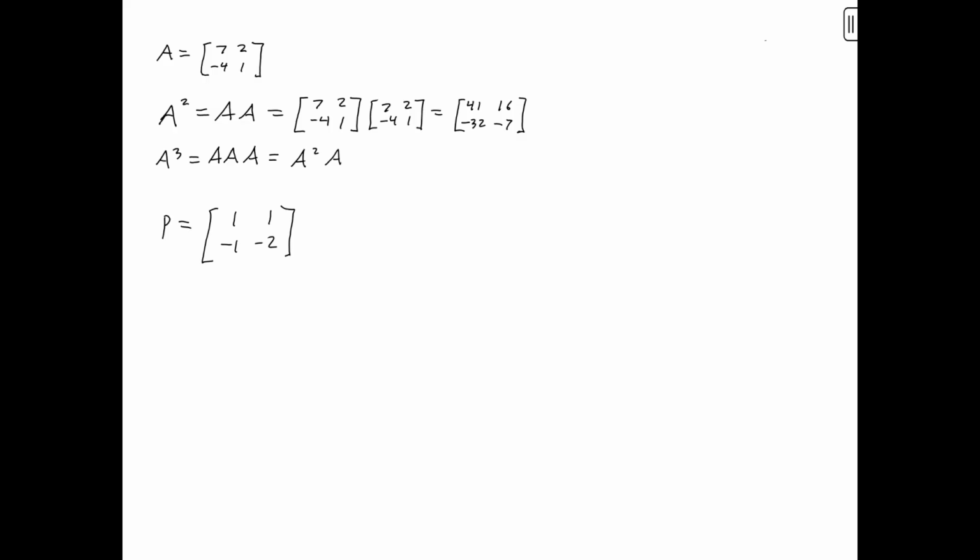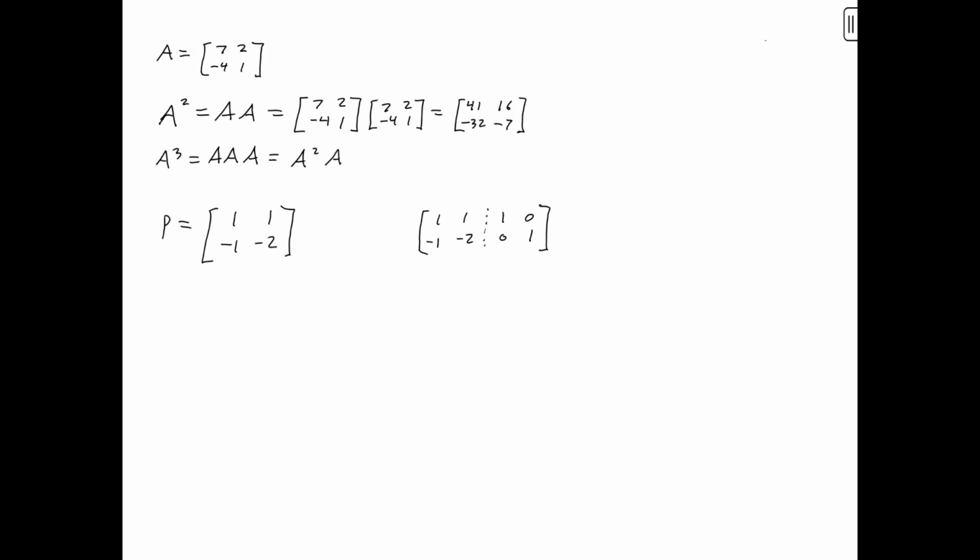And so to calculate P inverse, what I do is write 1, 1, -1, -2, and then write my identity matrix 1, 0, 0, 1, and I row reduce this to get the identity matrix on the left, and the inverse matrix will be on the right.